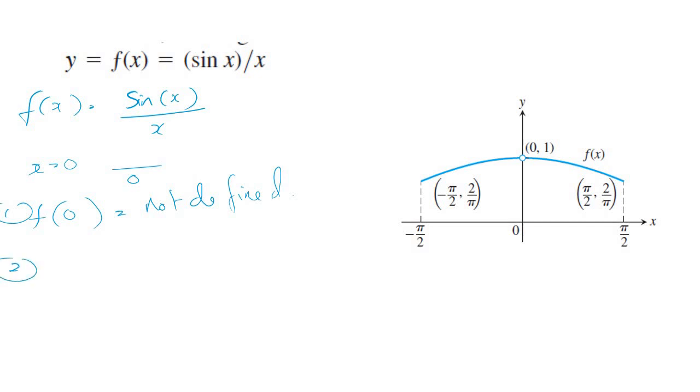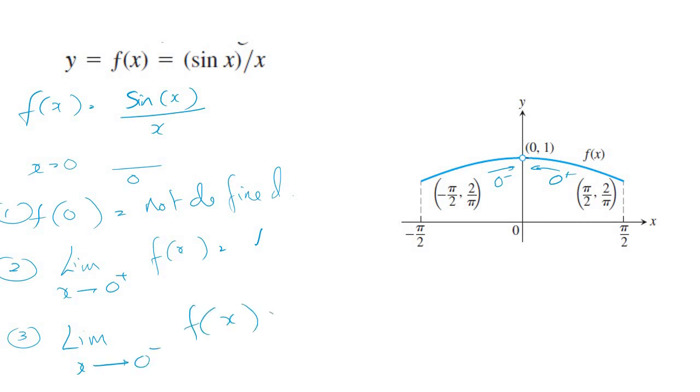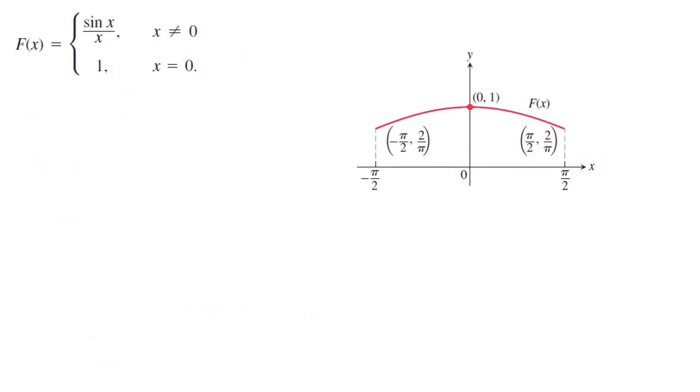But we'll continue to look at the limit as x tends to 0 from the positive side: f(x) is equal to 1. And the limit as x tends to 0 from the negative side, f(x) is also 1. So we see that the limit exists, but it is not continuous because all three conditions are not satisfied. Let's go to one more thing.